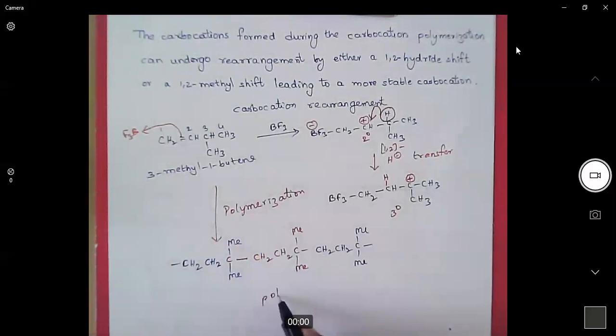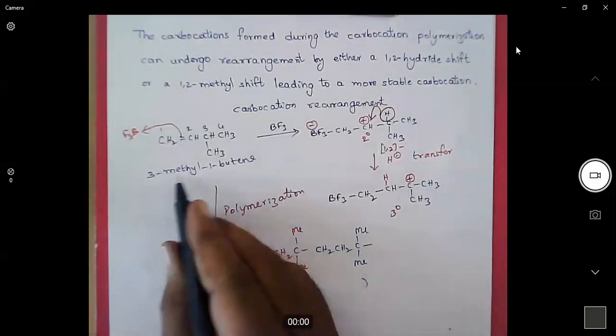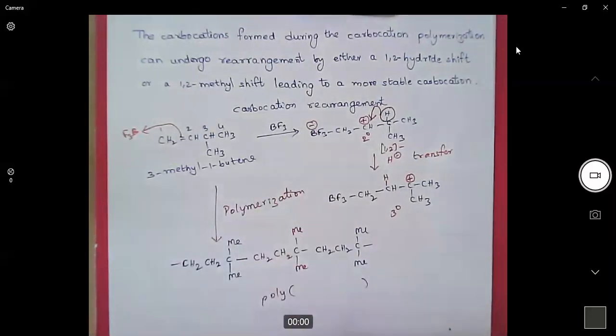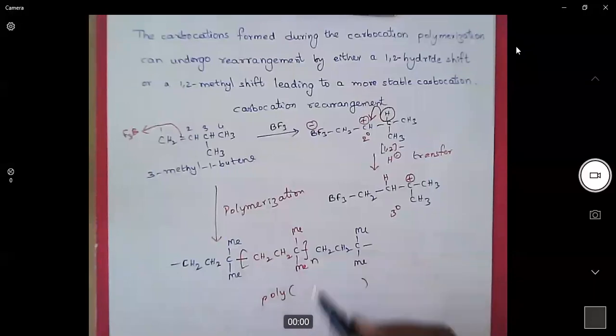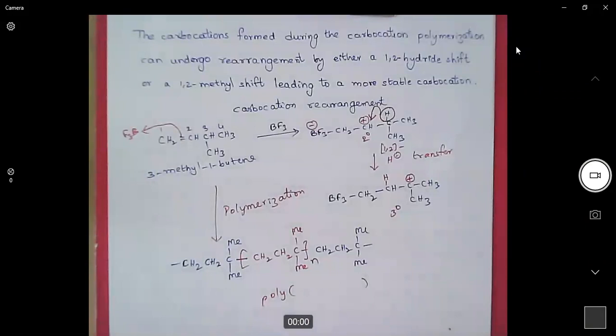And this is poly, you just write the nomenclature, okay? 3-methyl-1-butene. So this is how we need to write the polymers in a cationic polymerization with carbocation rearrangements.